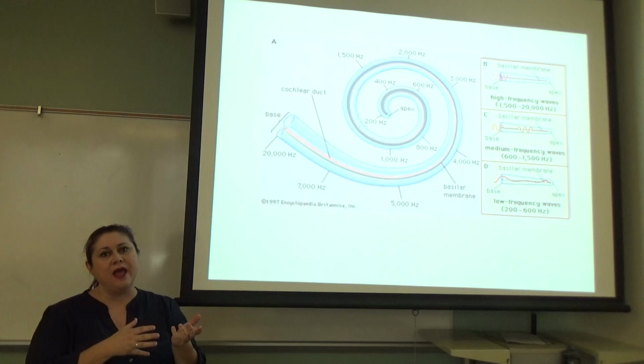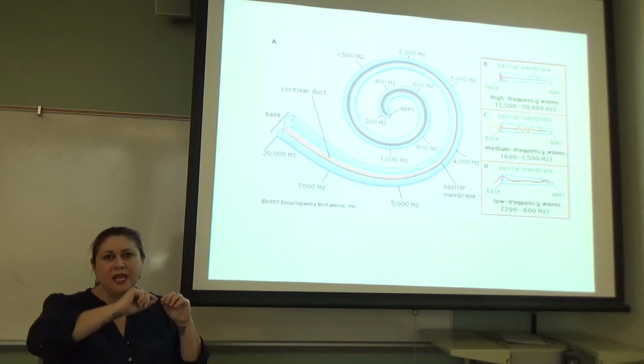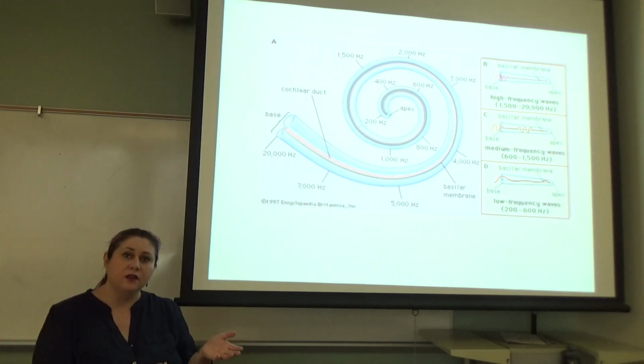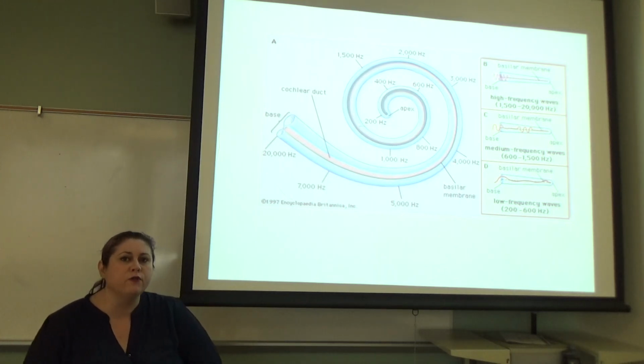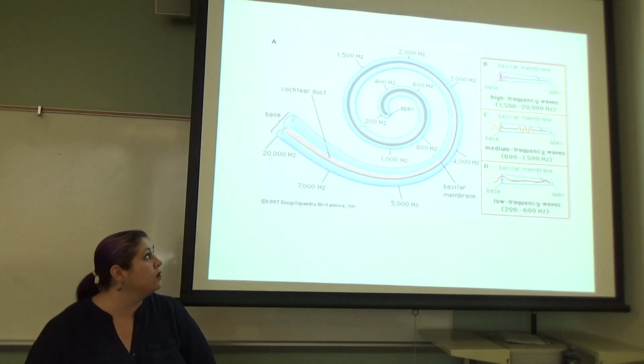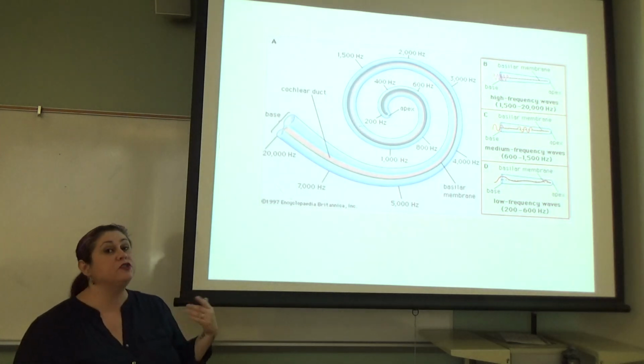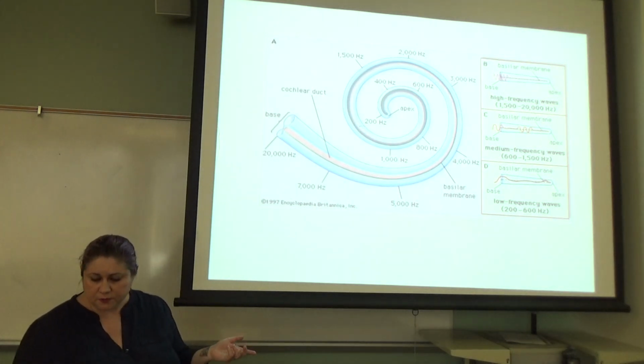So at the apex, your brain actually counts the number of cycles per second, 100, 200, 300, and it has the capacity to do that. So that's how your brain hears low frequency sounds, just by counting the number of cycles per second that are occurring at the apex. So you have those two different systems because you need to have those two different systems.